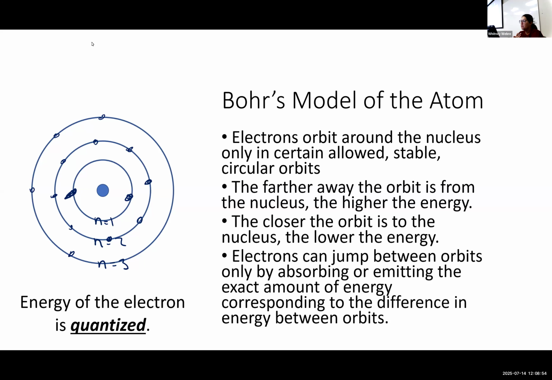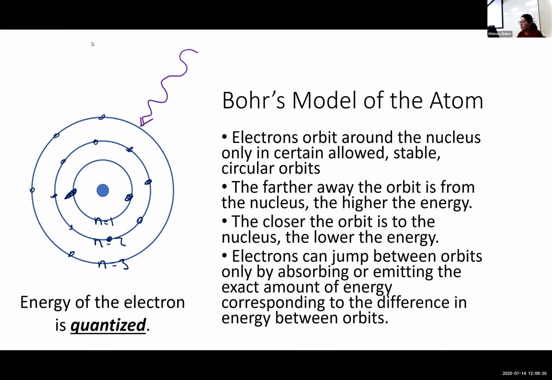Electrons can jump between orbits only by absorbing or emitting the exact amount of energy corresponding to the difference in energy between the orbits. What I mean by that is, this is his theory, that if I shine a light onto it, it might hit one of those electrons, and it can absorb or emit the light, and that'll go to a higher subshell.